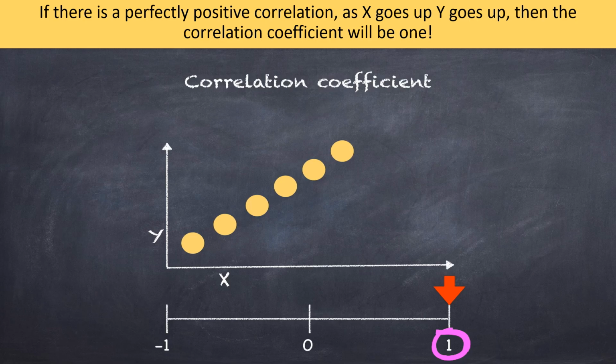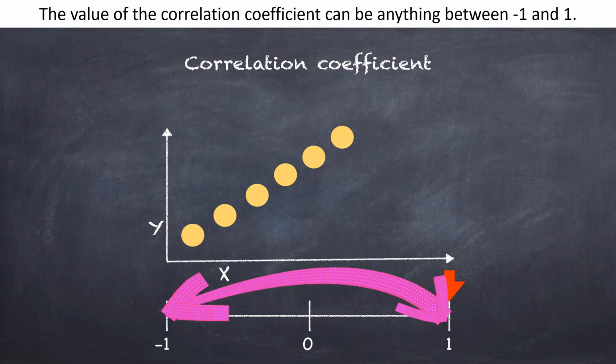You will see if X goes up, Y goes up as well, then we've got a positive correlation. But if it's a perfectly positive correlation, then the correlation coefficient will be 1.